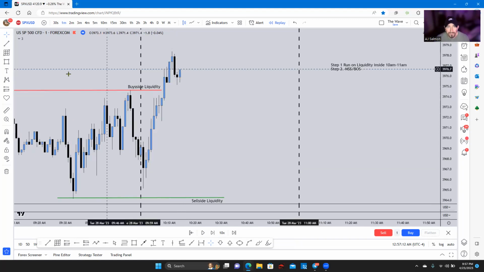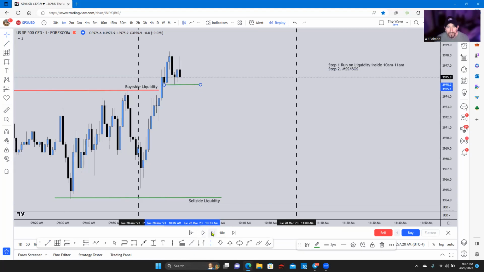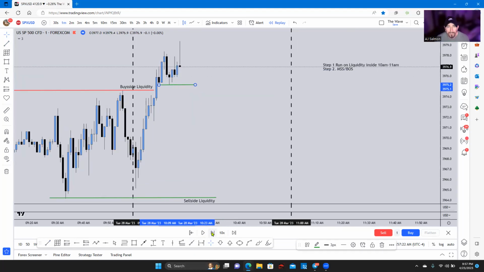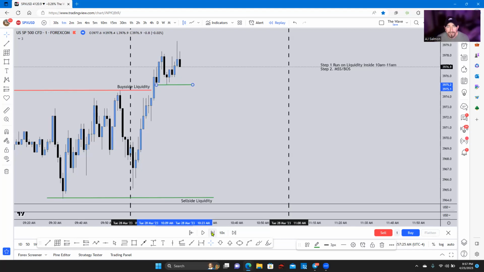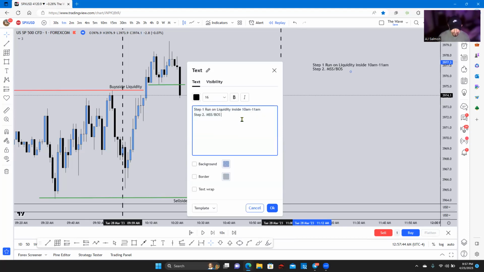So we created this low. Press forward, take buy side again. Boom. See how that created such an energetic movement in price that we displaced down and broke this low.